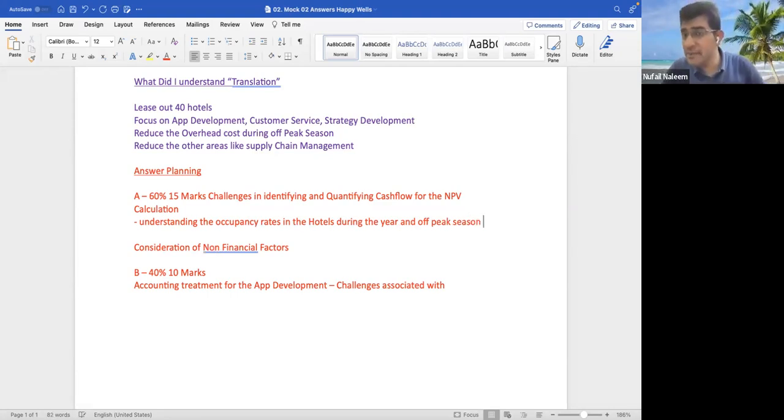Students, is that a very important challenge? Yes or no? Because occupancy rate is very, very critical. That is a very big challenge in identifying the cash flow.